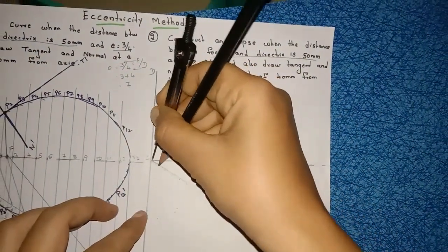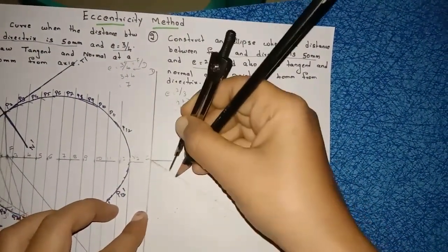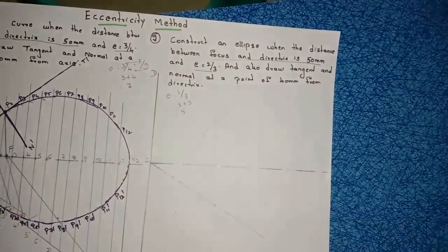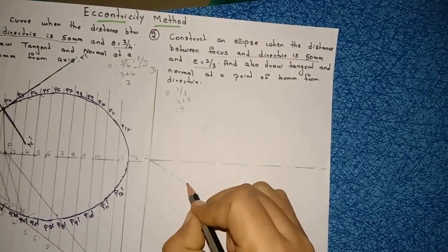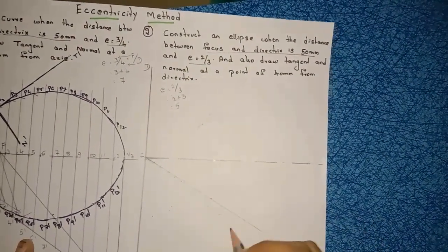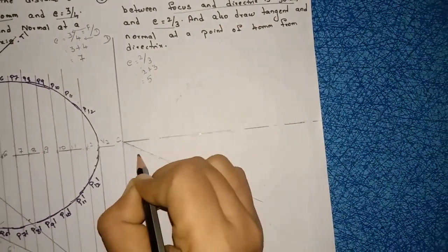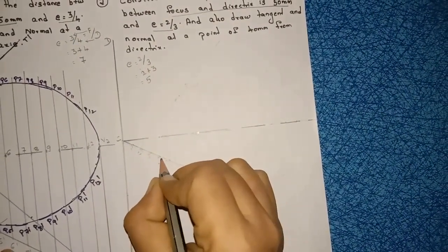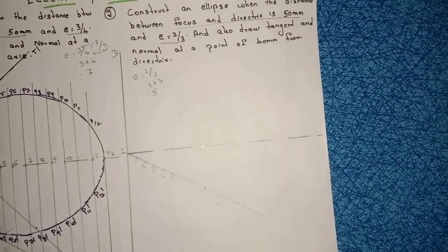So divide into 5 equal parts, 1, 2, 3, 4 and 5. So this is the fifth arc. Write down here 1 dash, 2 dash, 3 dash, 4 dash and 5 dash.